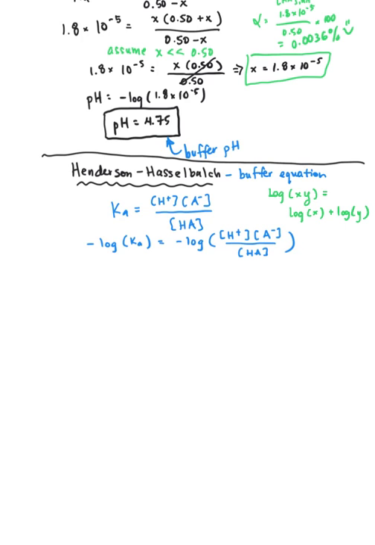We're going to apply that to the right-hand side of this equation now. We'll have on the left, negative log of Ka is equal to the negative log of H plus, plus the negative log of A minus over HA.